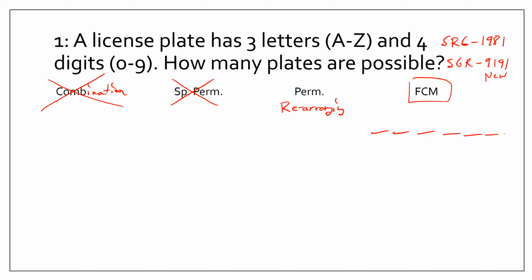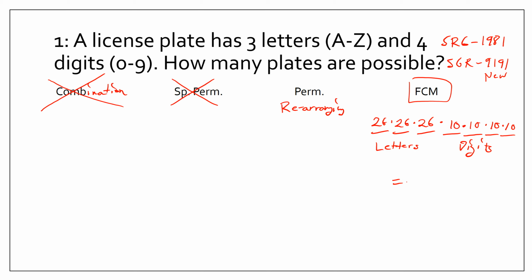I have 7 slots total. I have my first 3 slots representing the letters. There are 26 possible letters, so each of these has 26, 26, 26. And then there are 10 digits. 0 through 9 happens to be 10. If you think it's 9, just remember you're also adding that little 0 in. 1 to 9 would be 9 digits. 0 through 9 is 10 digits.